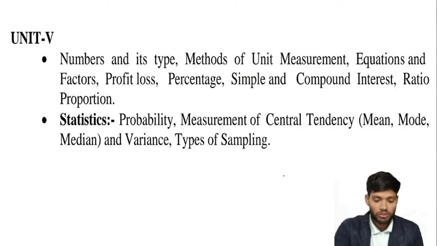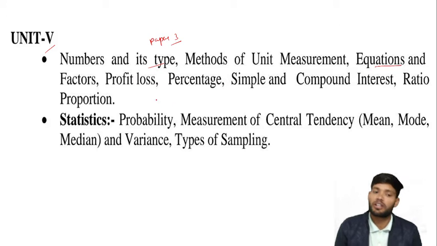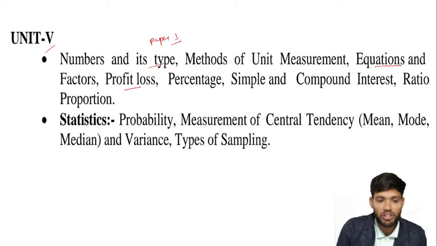Now in unit 5, this is the syllabus of unit 5 of paper 3, which totally deals with mathematics, science, numbers and their types. Already we have discussed equations and factors, and profit and loss.